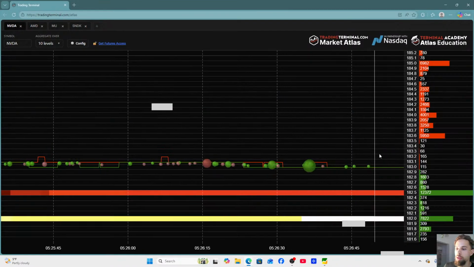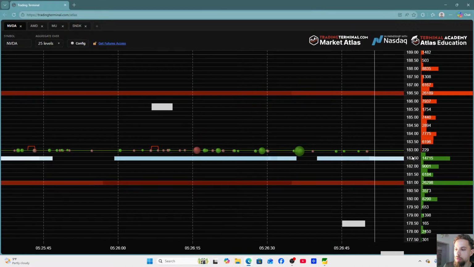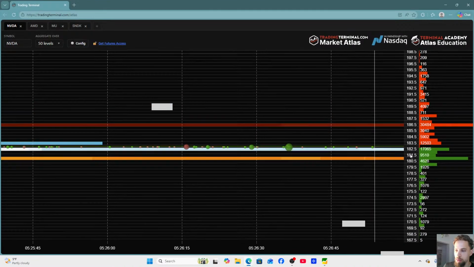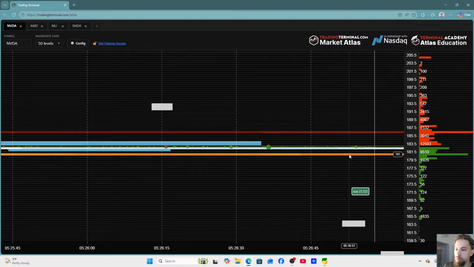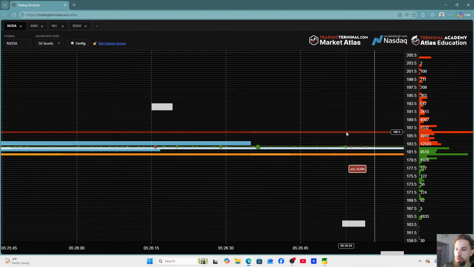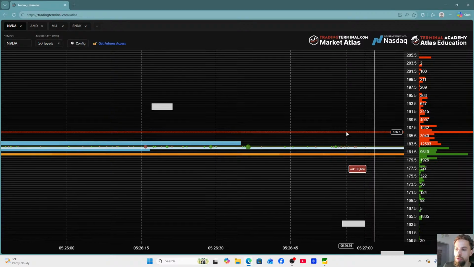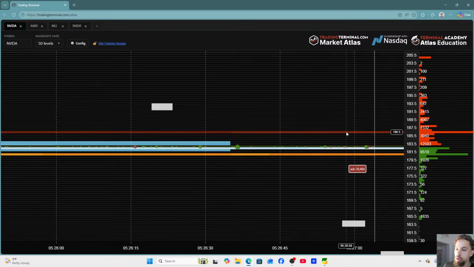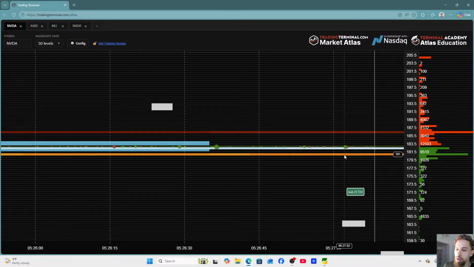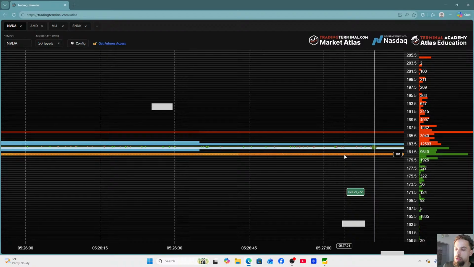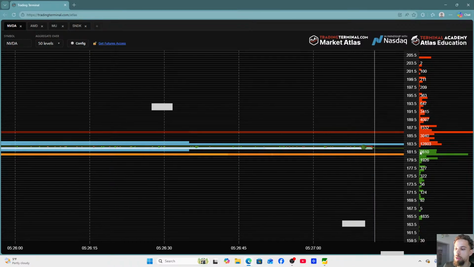If we go to Nvidia here, if we zoom out, there are lots of orders from 181 to 186, 186.5. You see 186.5 has a big ask order of 30,000 shares. So a big seller up there, big buyer down at 181 for 27,000 shares.